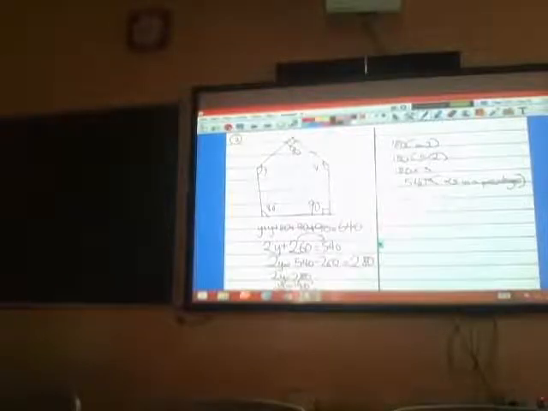Exactly. Then when a polygon has all sides and angles equal, Miriam, what do you call that kind of polygon? When all the sides are equal in length and all the angles are equal.